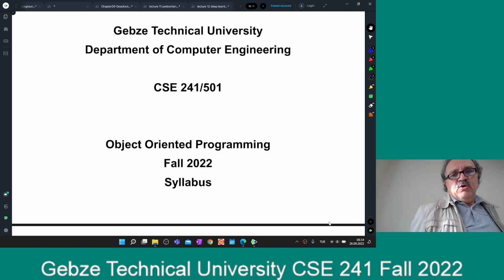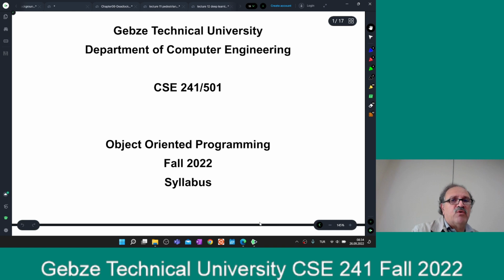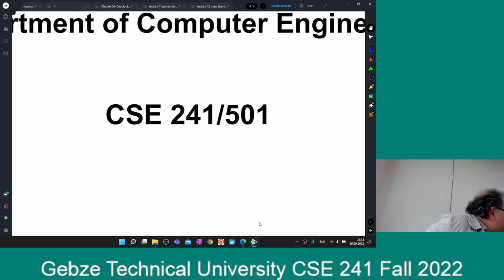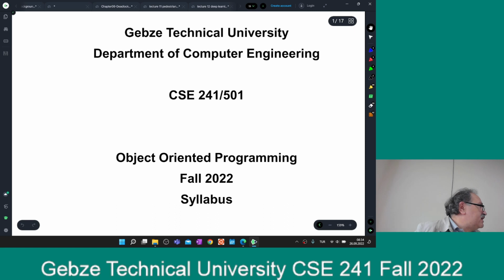This is object-oriented programming, CSE 241 for the undergraduate students and 501 for the graduate scientific prep students. How many graduate students do we have in the classroom now? 1, 2, 3, 4, 5.